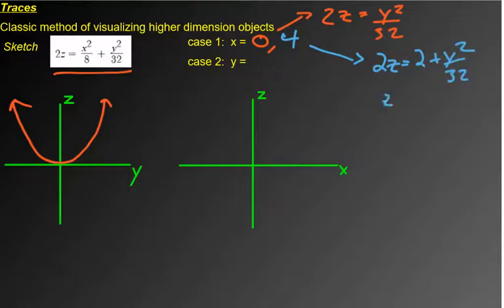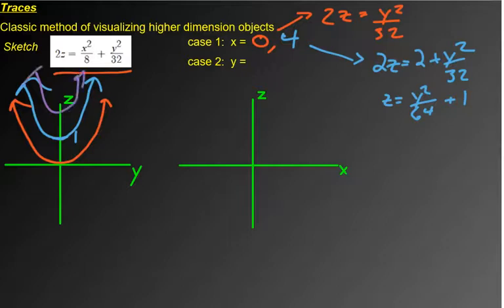And then if I divide by 2, I'm going to rearrange this a little bit too. I'm going to get z equals y squared over 64 plus 1. And so if I graph that, if I put my 1 here, basically I'm just going to get a parabola that's shifted up. And you could keep doing this if you want. You're going to get parabolas that just keep going up like that. You'll just get different ones.